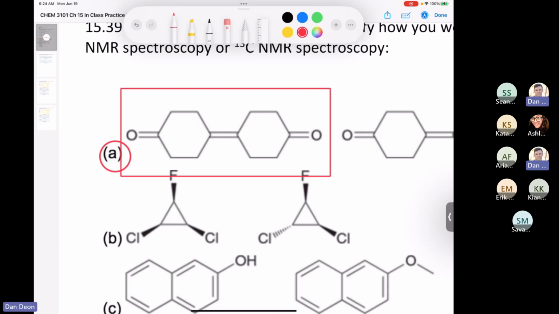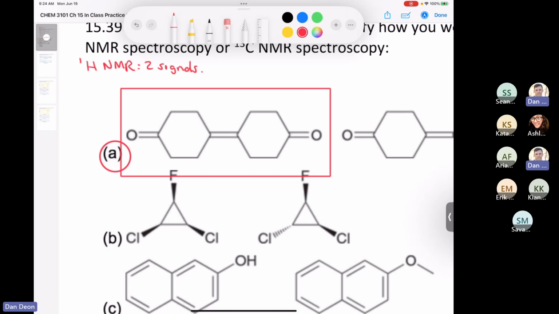I think I said for the proton. How many signals would you see in the proton? You'd only see two, right? You'd see two signals for the proton NMR.